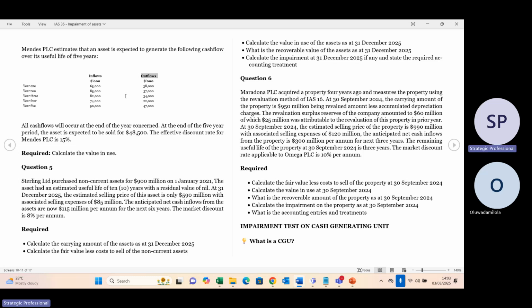So this particular question is trying to test understanding of value in use. But I said that value in use has 3 components. That's the amount you are expected to generate from that asset in future, number 1 component, which is the inflow. The amount you are expected to incur on that asset in future, that's outflow.